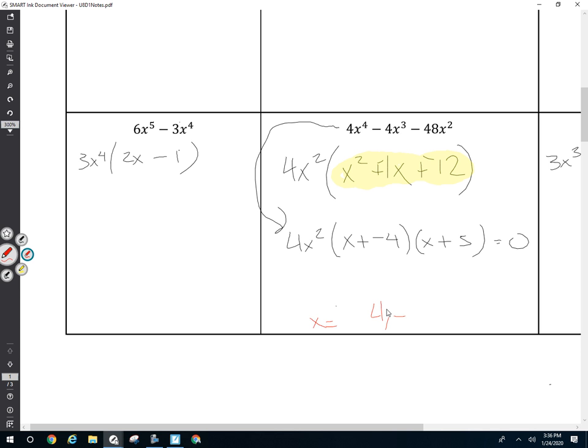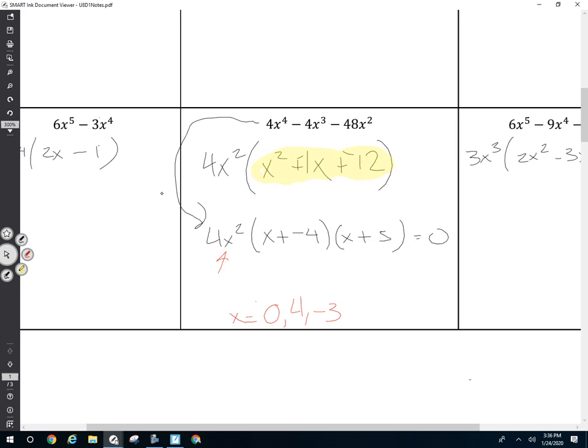We know negative 3 would make this 0, making everything 0. Is there any others? What could I plug into 4x squared to make everything 0? A 0! Oh my goodness, now we have an answer that's 0.